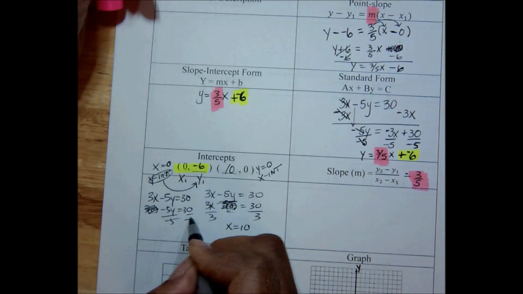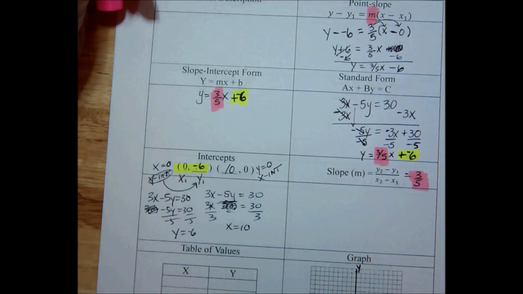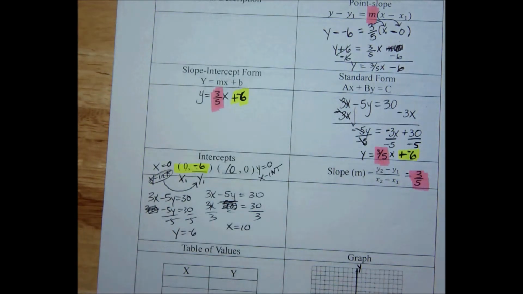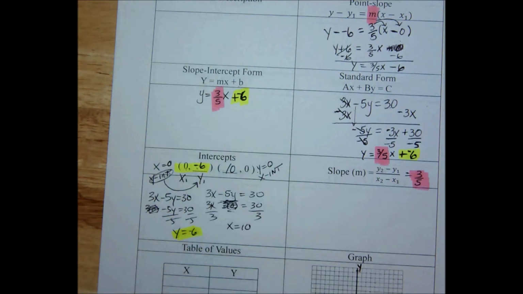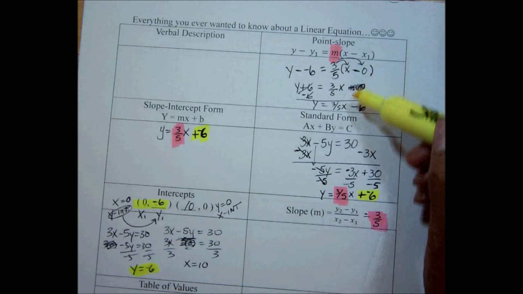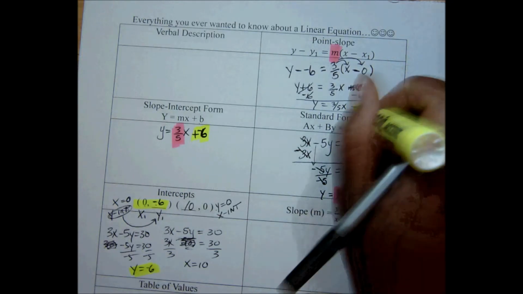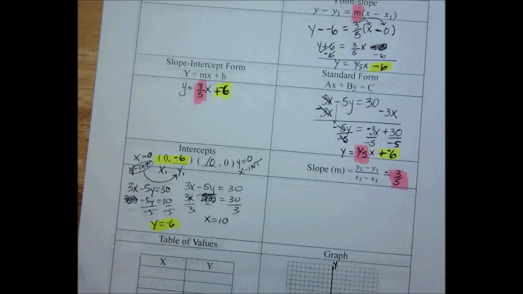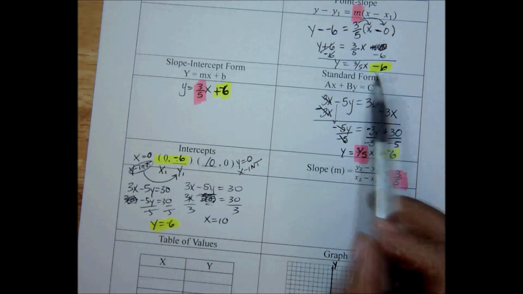Divide by negative 5, and y is negative 6, which is why it's in the y spot. So since I highlighted the y-intercept in yellow, I'm going to do it there. And do you also notice that after you solved your point slope and finished it, and it's in slope-intercept form, your y-intercept is right there again? And how this one says plus a negative, but that one says minus 6, and it's still the same thing.